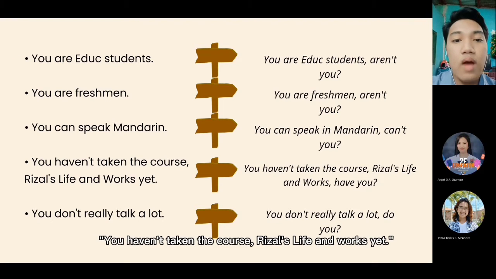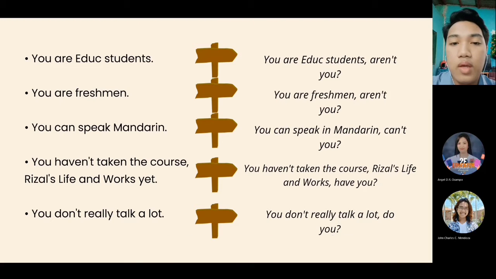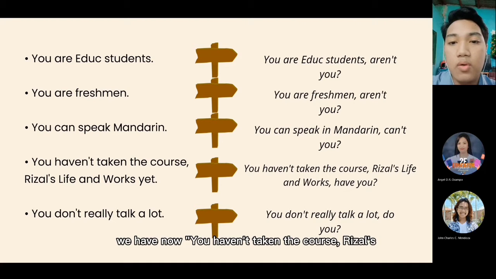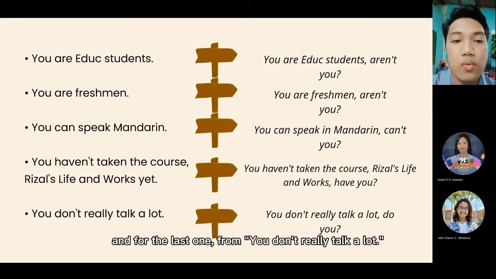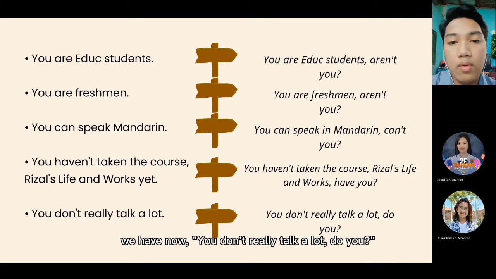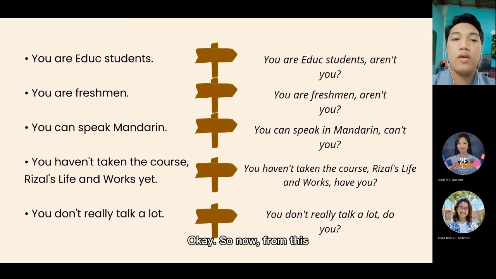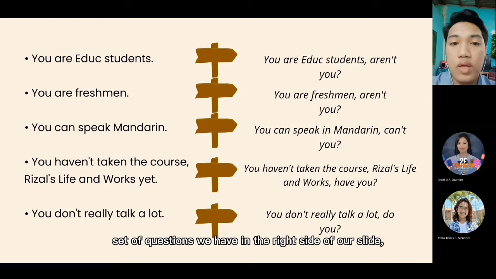For the next one, you haven't taken the course Results, Life, and Works yet. We have now you haven't taken the course Results, Life, and Works, have you? And for the last one, from you don't really talk a lot, we have now you don't really talk a lot, do you?